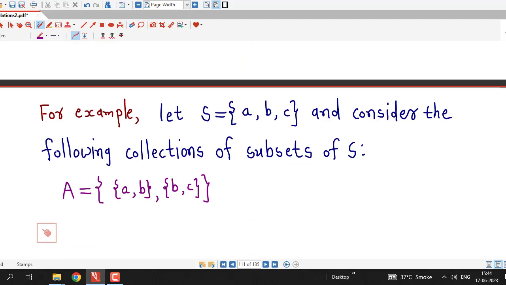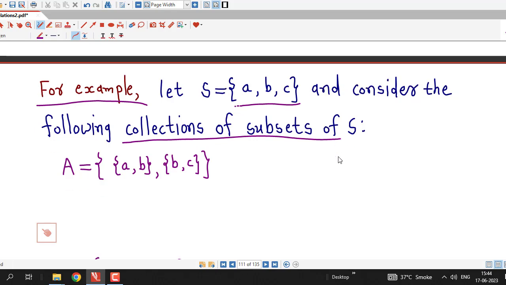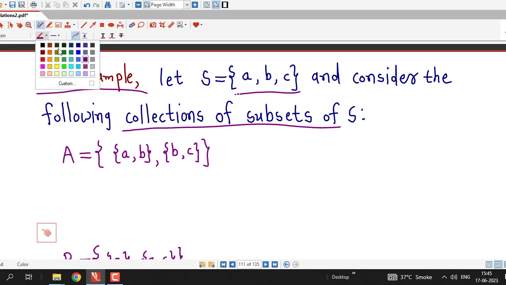And I am taking one more example to explain partition and covering. Suppose we have a set S containing these three letters A, B, C, and we are considering different collections of subsets of S, and we will decide whether those collections are a partition or a covering or both or neither. The first collection is the set A having these two subsets of this set.